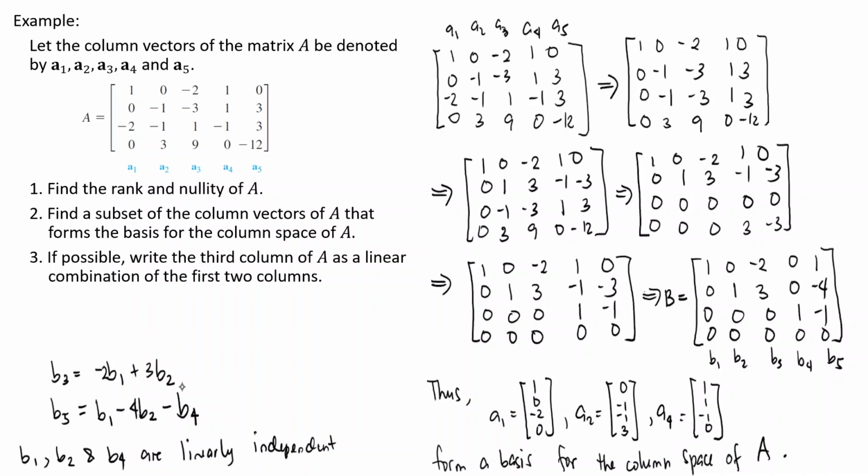Since row operations don't change the relationship among columns, we can conclude also that A sub 3 is equal to negative 2 A sub 1 plus 3 A sub 2. You can verify that: negative 2 times this plus 3 times this will be equal to A sub 3.